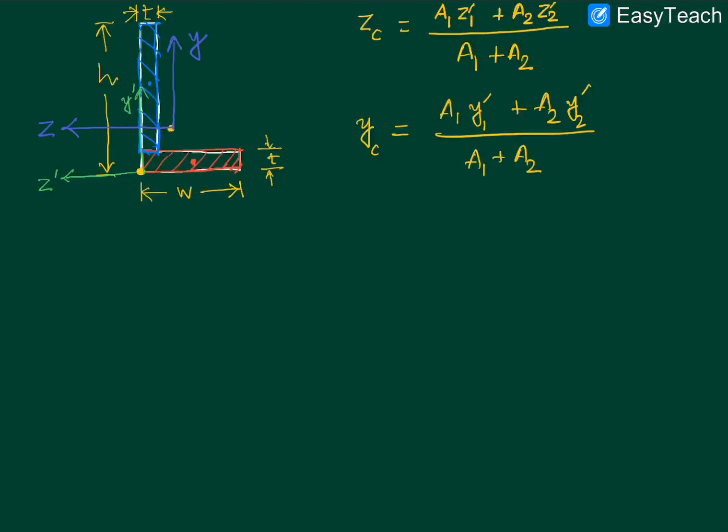So we'll use these ideas and the idea that we discussed in the previous page to find out the second moments of area. All that we need to do is to first consider the individual second moments of area of the red-colored cross-section and the blue-colored cross-section, and then using the parallel axis theorem, we can find out the actual second moments of area of the whole cross-section.